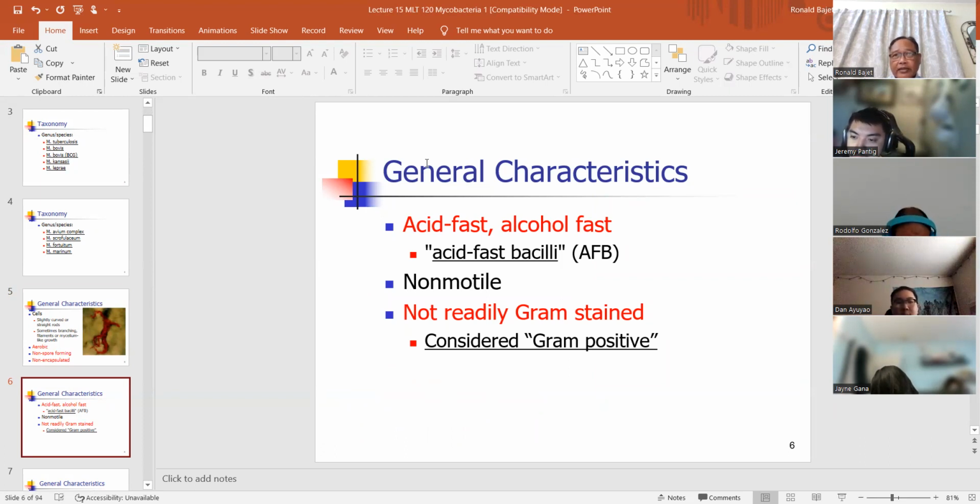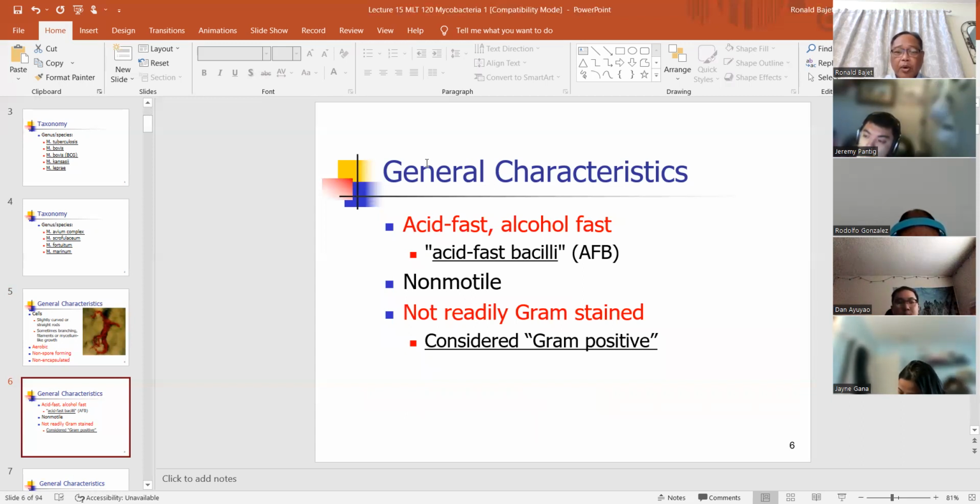So its ability to keep the carbolfuchsin stain and then counterstaining with the methylene blue. But then, like I said, it has a decolorizer, which includes hydrochloric acid. And the acid-fast bacilli are the only ones that will cause it to turn red.